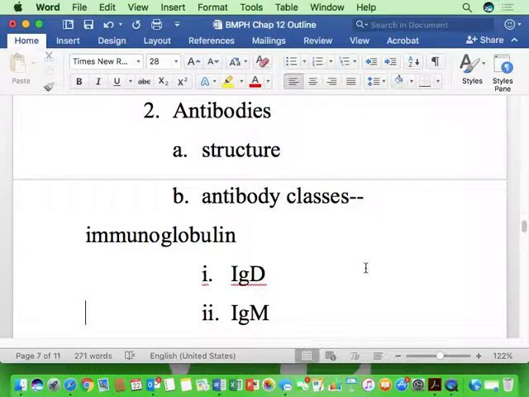Okay. So these can be found either attached to B cells or free in the plasma. If they're bound to the B cell, they serve as antigen receptors.